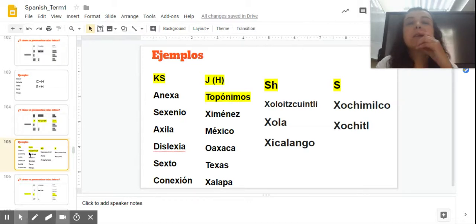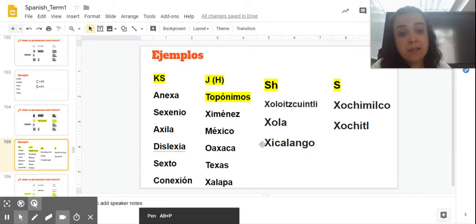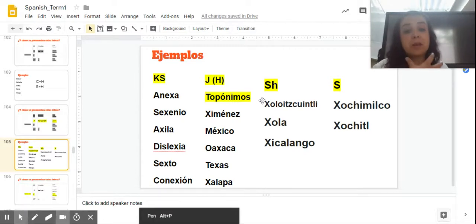Now let's go with the SH. The SH, this is again a pre-Hispanic pronunciation. Remember that our Spanish in Mexico is strongly influenced by Nahuatl. So all of these words that you're going to see here come from the Nahuatl.